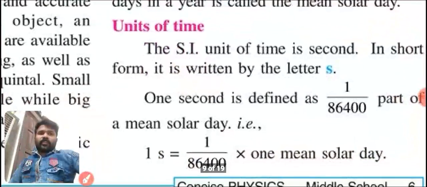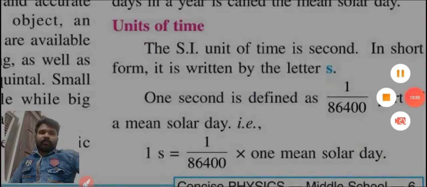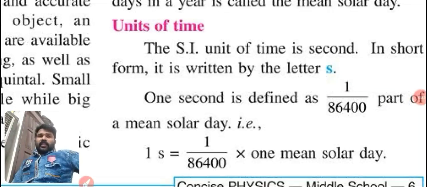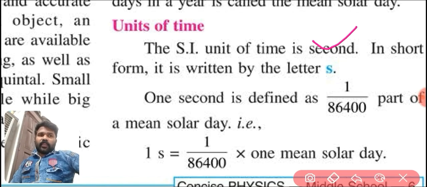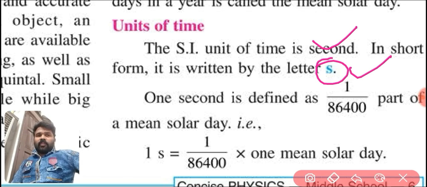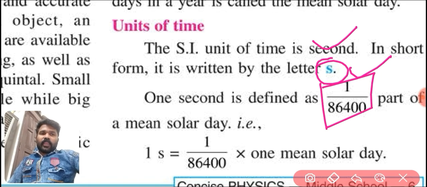Now we are going to discuss the units of time. The SI unit of time is second. In short form, we write second as s. One second is defined as 1 upon 86,400 part of a mean solar day.